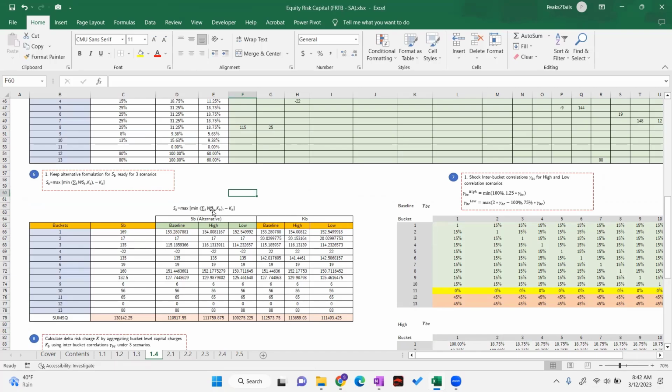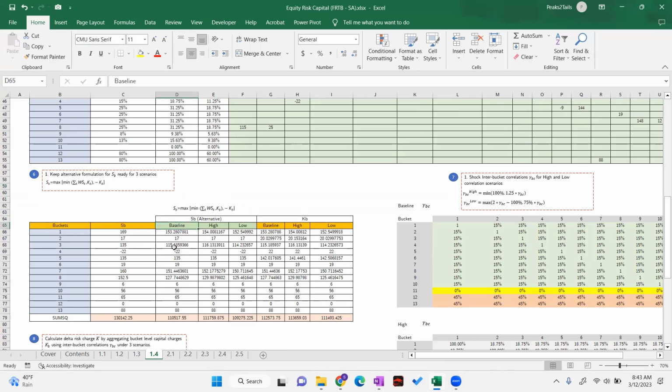Look at this. Sum of WSK is the core calculation. That is what we did. But then you also do this: max of, min of, sum of WSK, comma KB, and then minus KB, max of that. I use this formula. But now this KB depends on the correlation scenario.